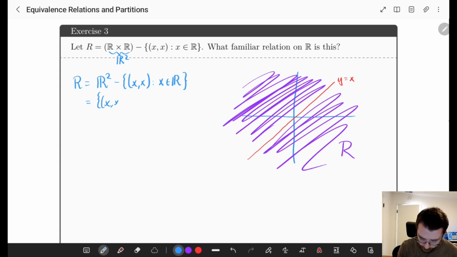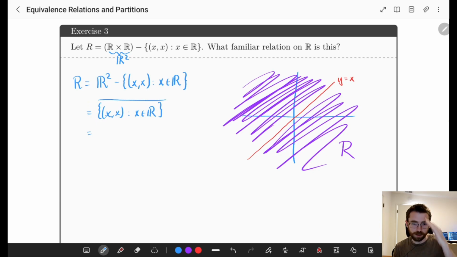It's effectively all x in R^2 such that, well, let's write it like this. All x such that x is in R, and then I complement it, right, because we're actually doing R^2 minus this set. But the complement, what does that mean?